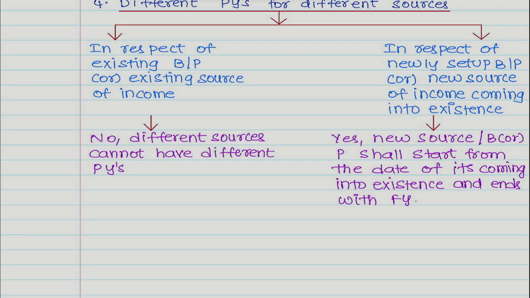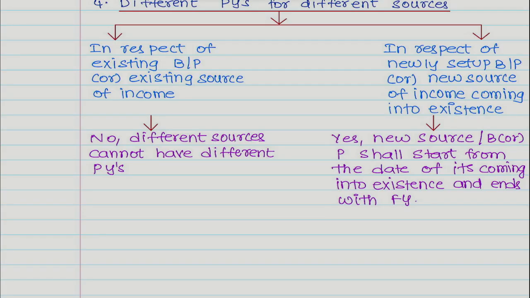Different previous year for different sources, possible or not possible? Generally not possible. All sources will have the same previous year. However, when is it possible?